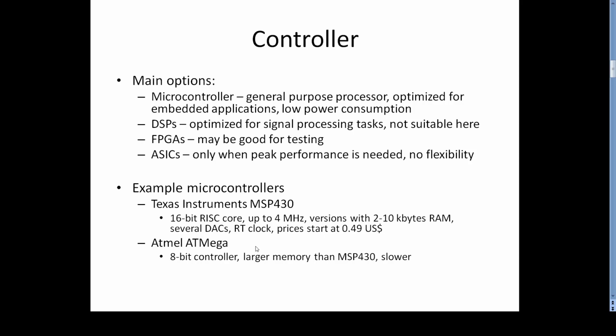The Atmega from Atmel is an 8-bit controller. It has larger memory than the Texas Instruments MSP 430, but it is slower than the MSP 430. The MSP 430 is a 16-bit RISC core, while this is an 8-bit controller. Memory is more here.